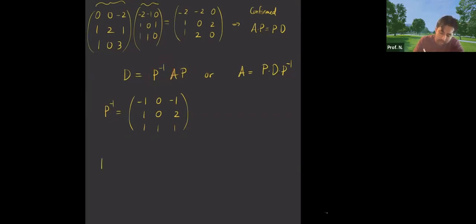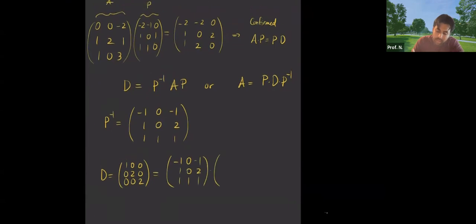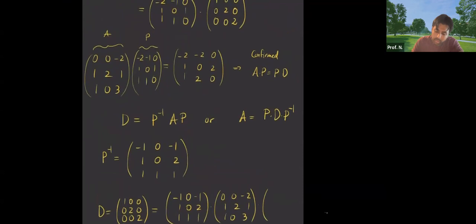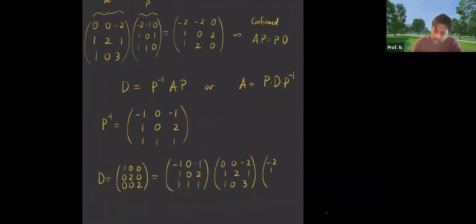So D, which is 1, 0, 0, 0, 2, 0, 0, 0, 2, is equal to P inverse, -1, 1, 1, 0, 0, 1, -1, 2, 1, multiplied by my matrix A, which is 0, 0, -2, 1, 2, 1, 1, 0, 3, multiplied by P, which is -2, 1, 1, -1, 0, 1, 0, 1, 0.